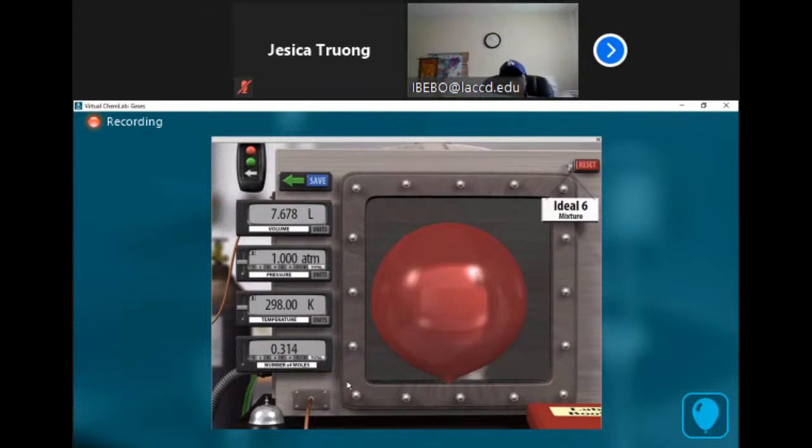Okay, thank you. Then you go to number 7 on page 2. It says, another way of expressing Dalton's law of partial pressures is with the expression Pi, which is the pressure of a gas, any gas, is equal to the mole fraction of the gas times the total pressure, where Pi is the partial pressure of gas i, and Xi is the mole fraction of that gas in the gas mixture.